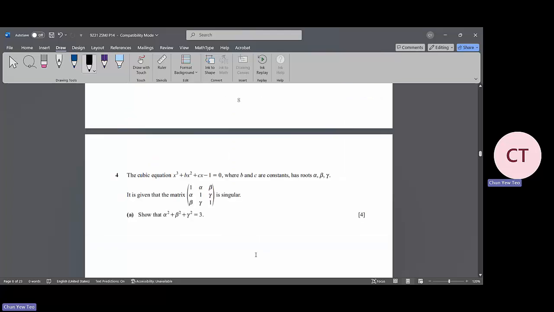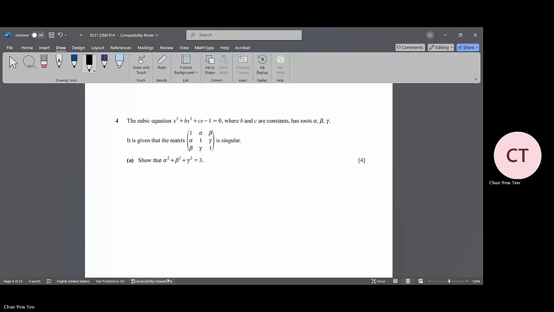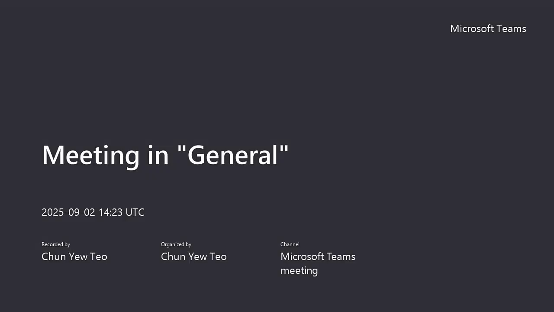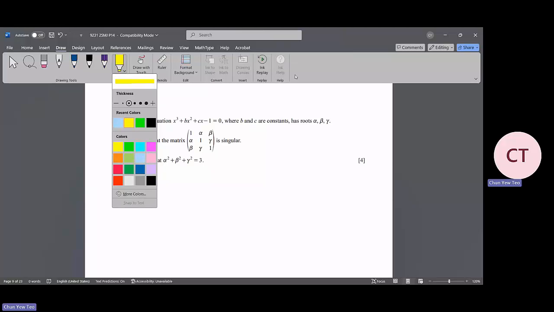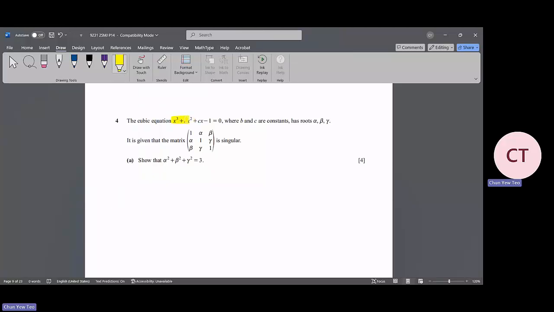We have question number 4. Number 4, let's take a look at the question, the cubic equation. It looks like this, where the b and c are constants and has roots alpha, beta, gamma.